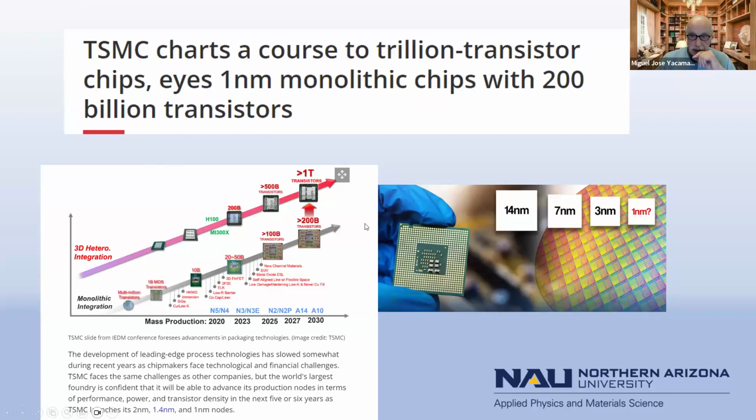The industry is now producing 14 nanometers and 7 nanometers, which is more or less the standard. The 3 nanometer has been demonstrated, and the 1 nanometer is in the making. People predict it will probably be in production within 3 or 4 years.